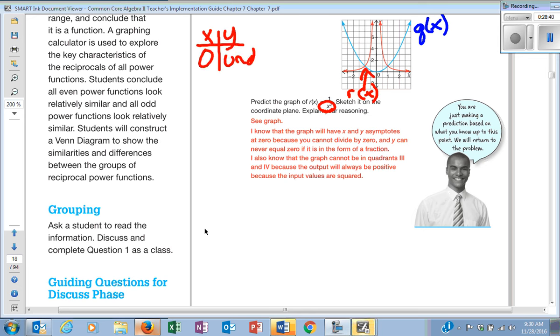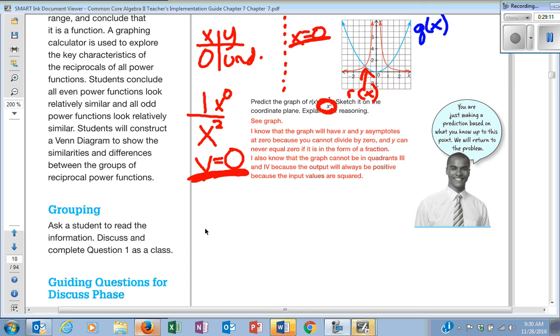That means my bottom is becoming 0, which is my vertical asymptote, going up and down. So x cannot equal 0. Then if I look here, my top power, which is x to the 0, is smaller than my bottom one, which means y equals 0 is a horizontal asymptote. So this is my horizontal asymptote, and this is my vertical asymptote.